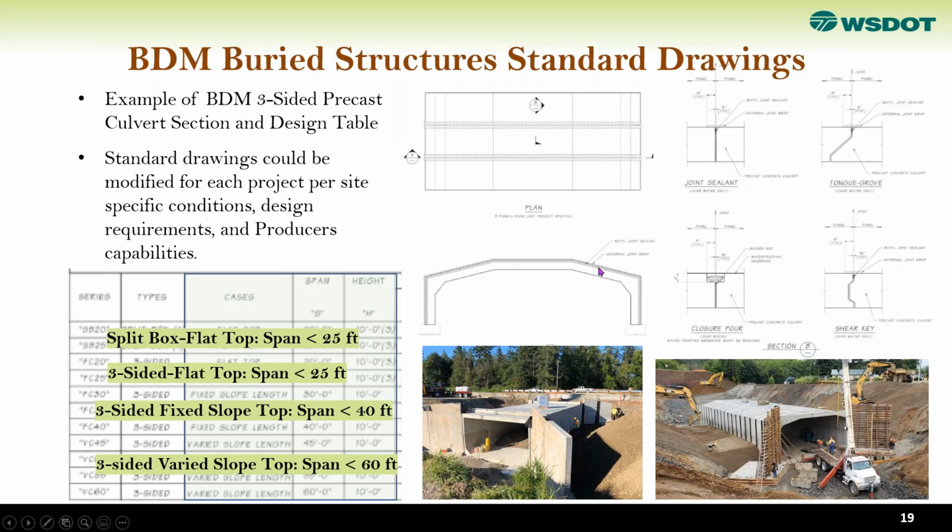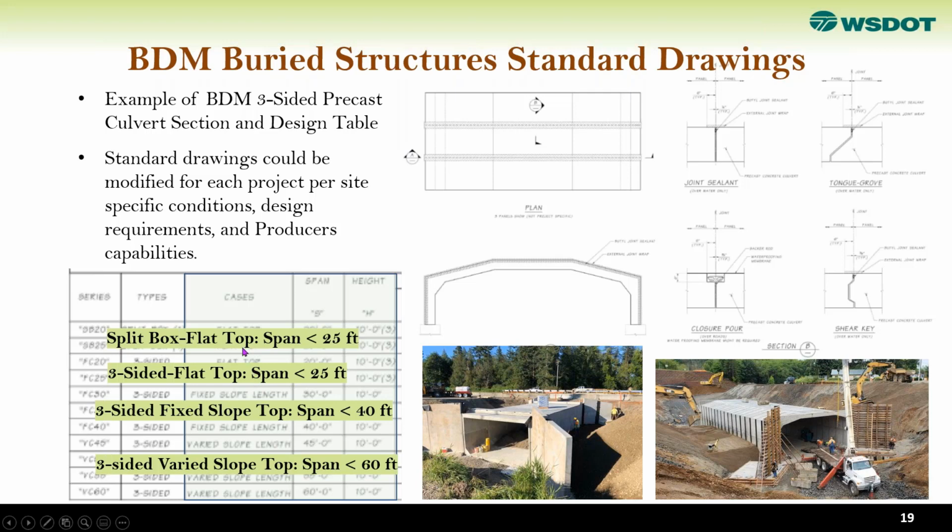The joint is an important factor: we need a joint that is easy to construct as well as durable and long-lasting. So these are the standard drawings that we have. They go with big tables. This is part of the table; these are design tables covering different ranges as well as different geometry and design requirements.